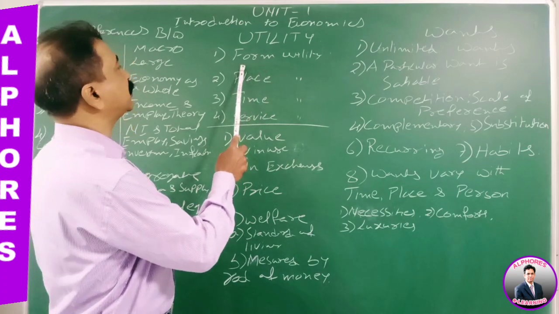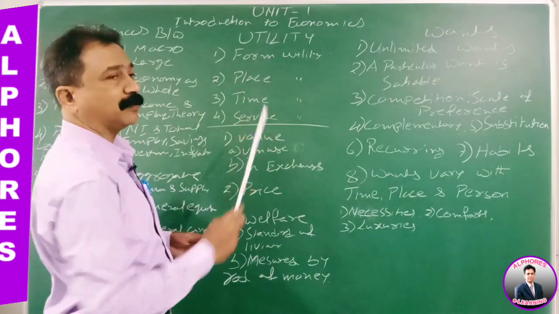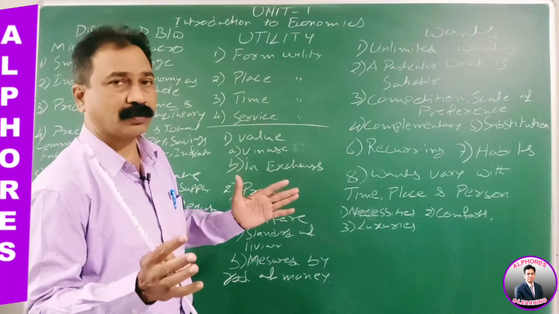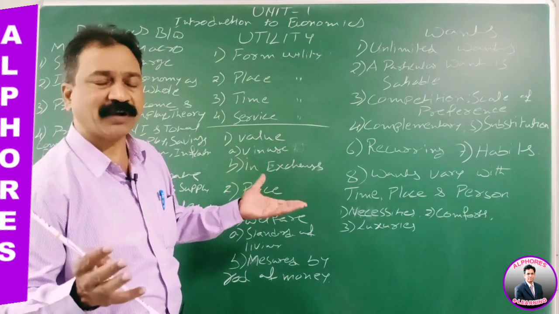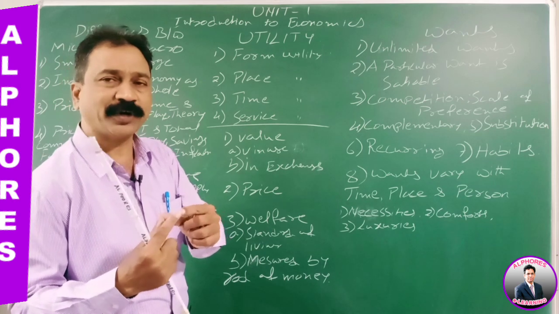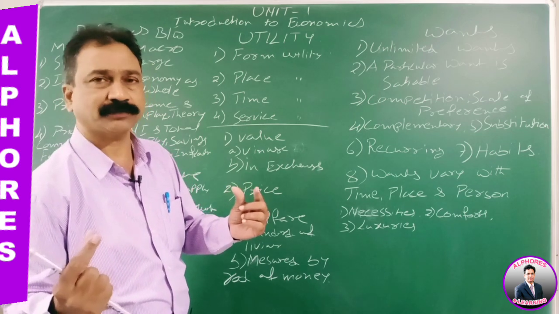Okay, first thing, let us see raw material. Let us say iron ore. Iron ore is a raw material to manufacture the final commodity of iron and steel.